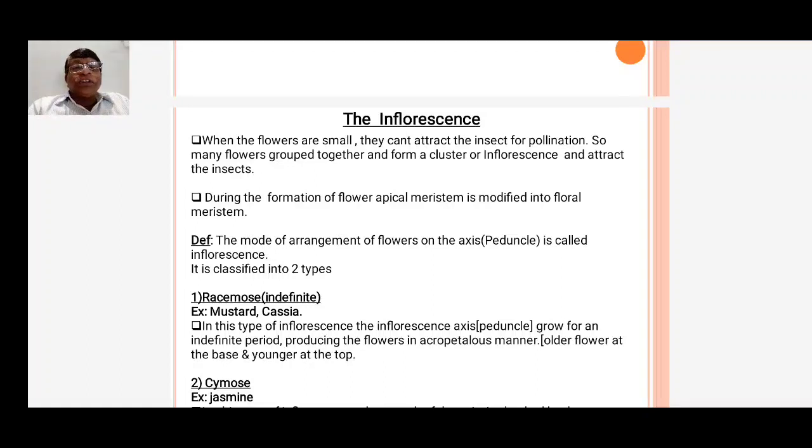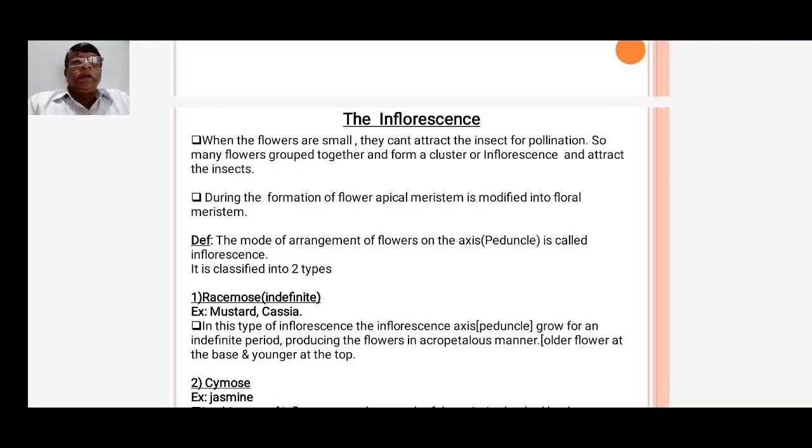Under such circumstances, many flowers group together and form a structure called inflorescence. The cluster or the inflorescence attracts the insects for pollination.